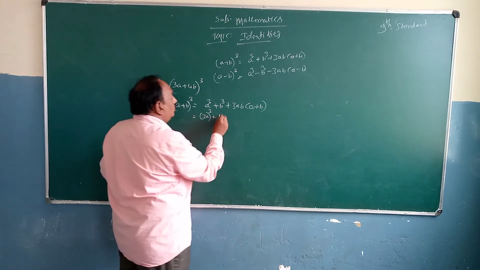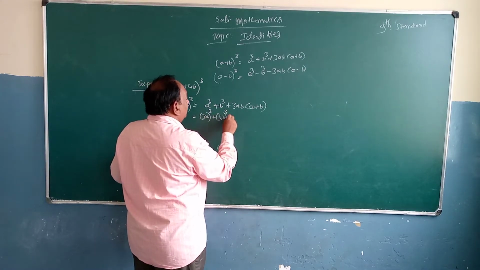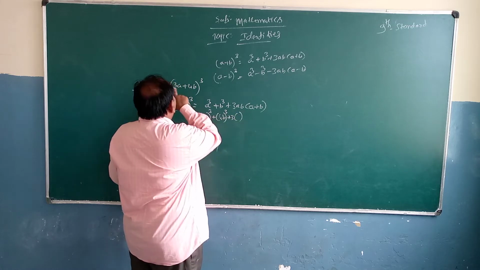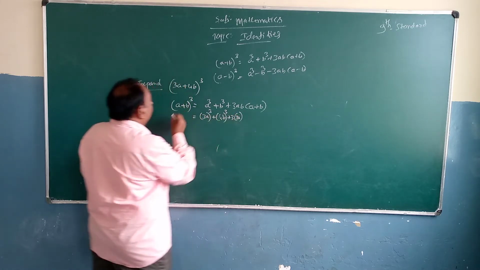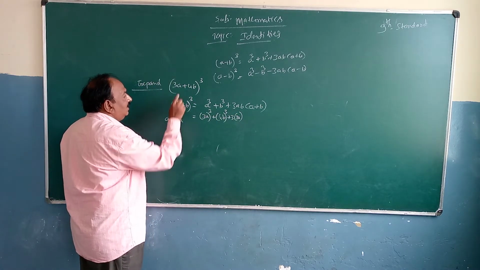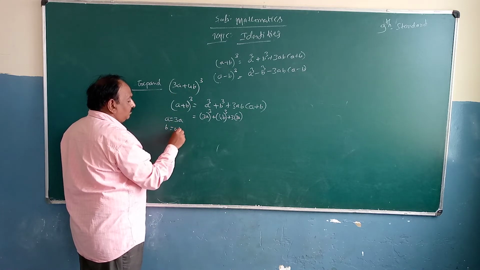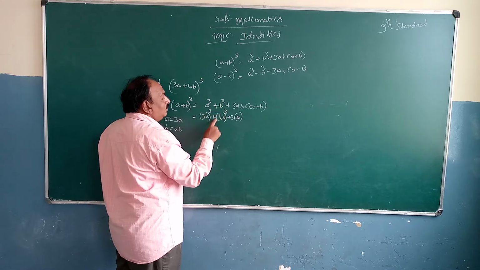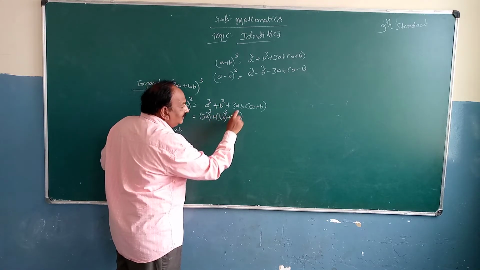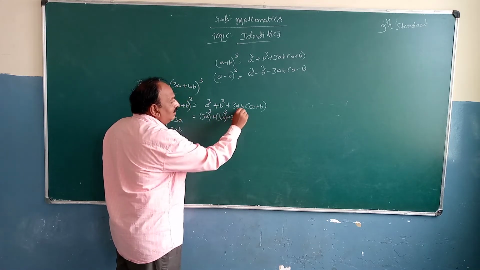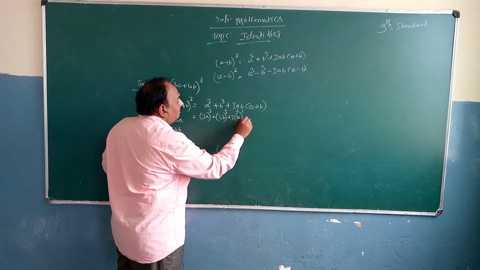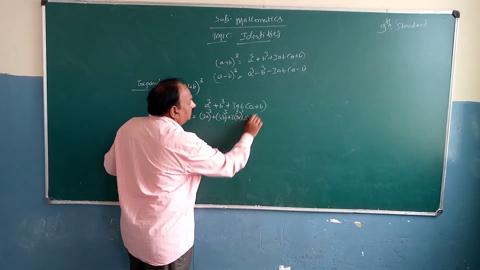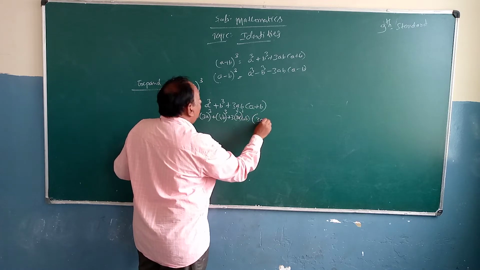What is b cube? 4b whole cube. 3 into what is a? 3a. You write here a is equal to 3a, b is equal to 4b. A whole cube means 3a whole cube, b whole cube means 4b whole cube. 3 as it is, the value of a is 3a, the value of b is 4b, into a plus b, 3a plus 4b.